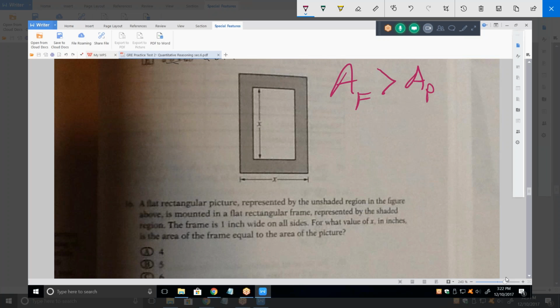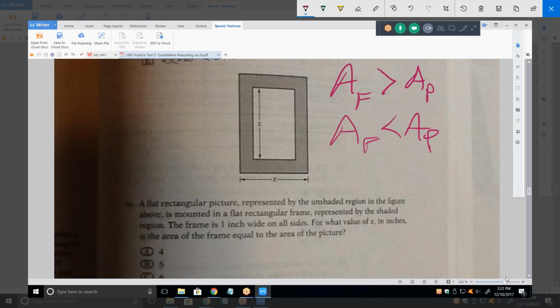If the area of the frame is less than the area of the picture, when I try my back solving, then X has to decrease. And I'm not sure that's 100% obvious. Even when I'm looking at it in hindsight, I'm not sure I would know that for sure. And the only downside of that is you may have to try all 5 answers.